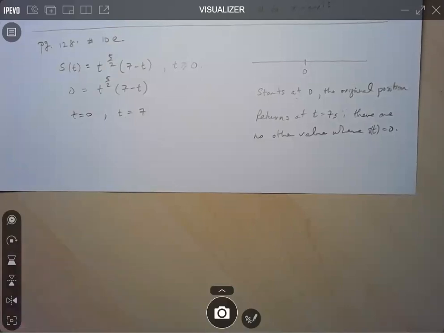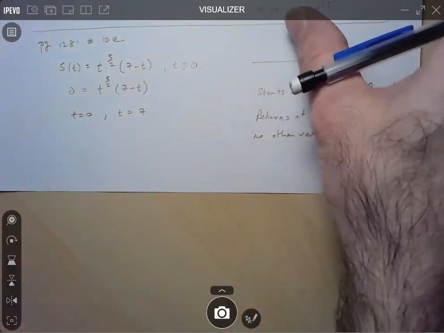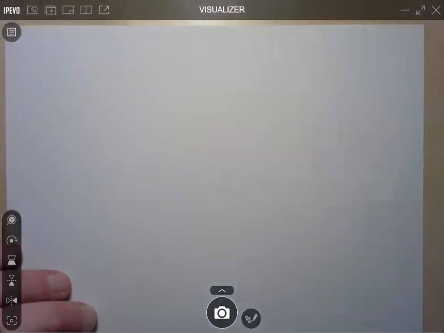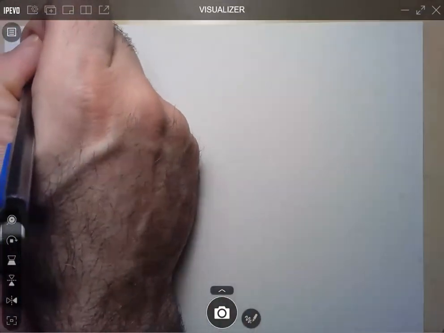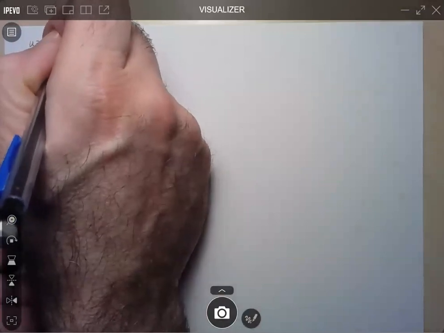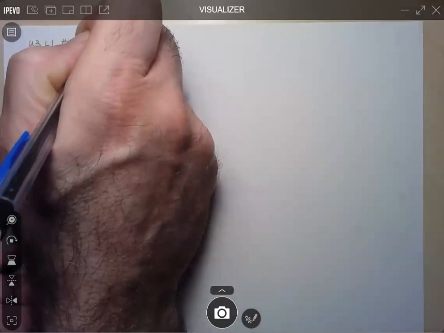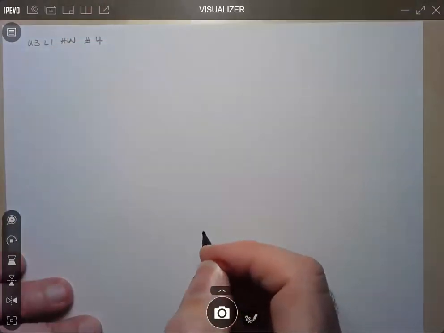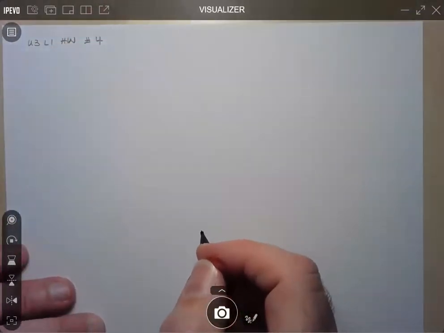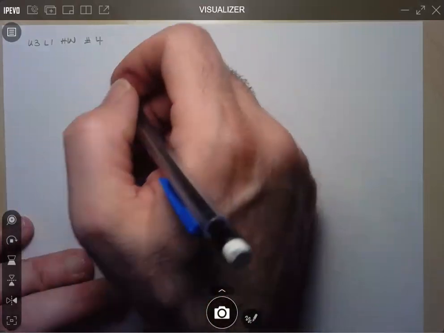So this is sketching one of the graphs. I'm not going to bother printing it out. I'm just going to eyeball it here, draw another version of this. So this is unit 3, lesson 1 homework, number 4. Let me draw a version of this.